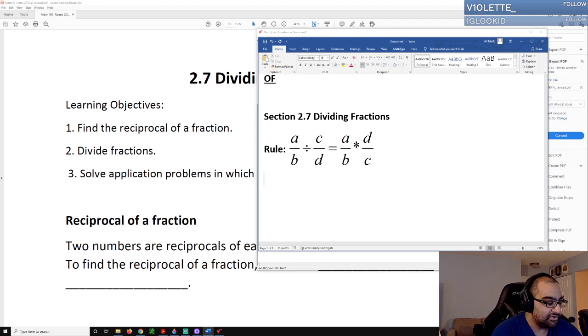So basically, we change from division to multiplication and flip the second fraction.